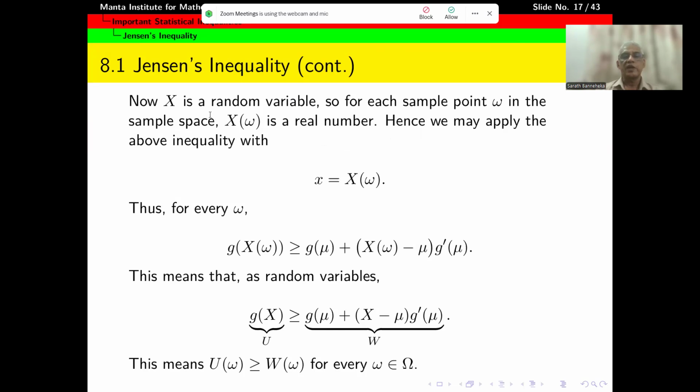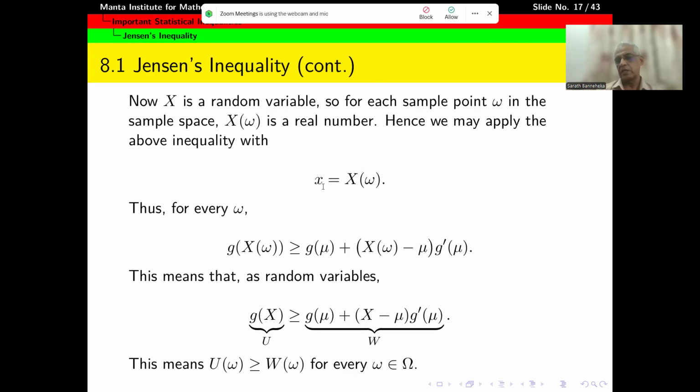So now X is a random variable. If you consider some real number simple x, we can consider a real number simple x where capital X(omega) is equal to that real number simple x, right? So X(omega) will be a real number, and suppose X(omega) is equal to simple x.